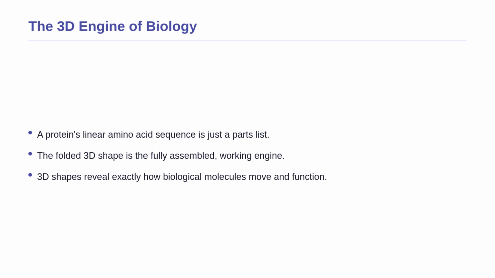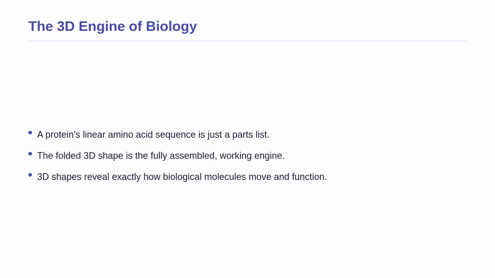To begin, imagine you are trying to understand how a complex car engine works. If I just hand you a written list of parts, like screws, pistons, and belts, you would have almost no idea what the engine actually does. However, if I show you the fully assembled three-dimensional engine, you can immediately see how the pistons pump.